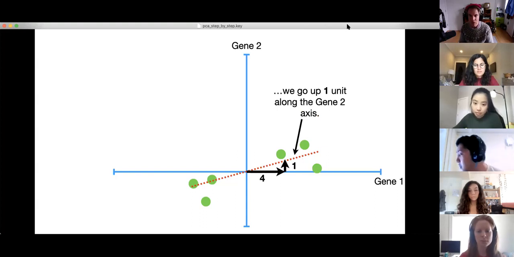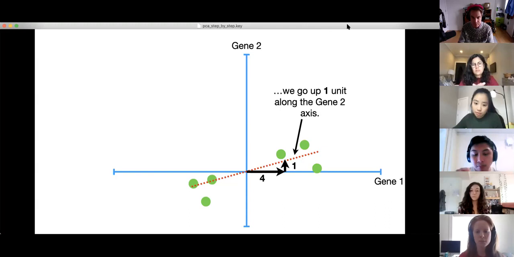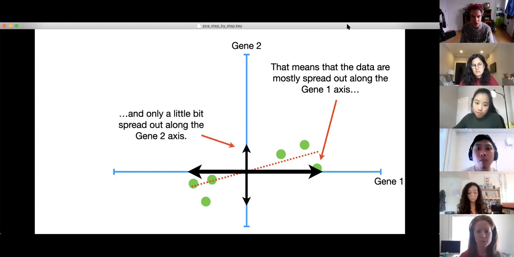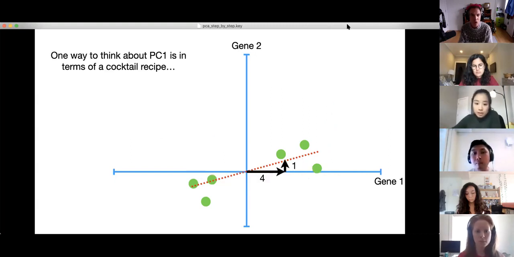In other words, for every 4 units we go out along the gene 1 axis, we go up 1 unit along the gene 2 axis. So the slope of 0.25 is over 4, up 1. And that means that the data are mostly spread out along the gene 1 axis and only spread out a little bit along the gene 2 axis, so relatively little spread on the gene 2 axis. One way to think about PC1 is in terms of a cocktail recipe or a mocktail recipe.